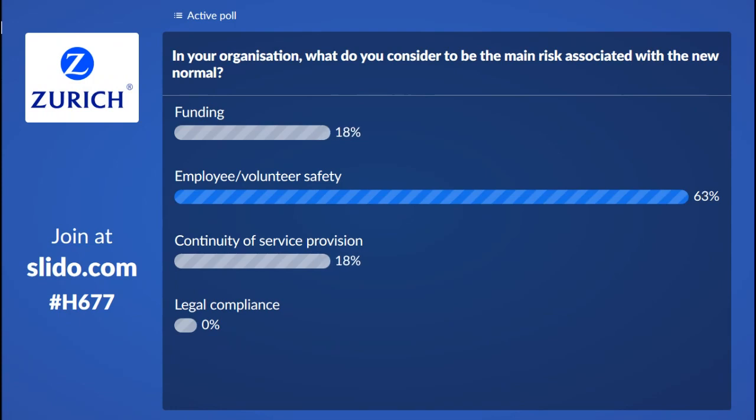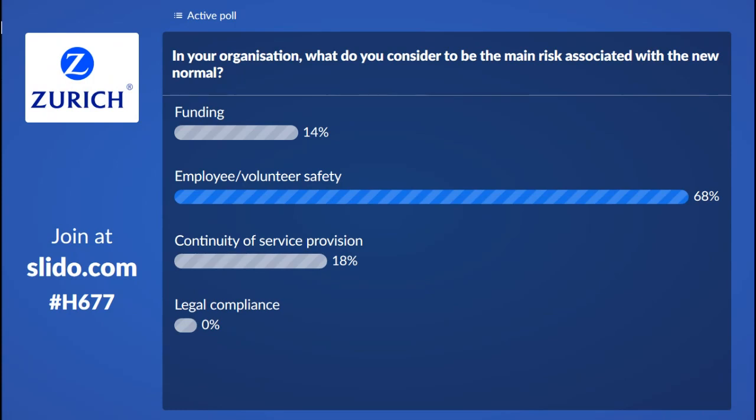I think the numbers are pretty much there. In terms of funding, it's fluctuating again. Legal compliance is a solid 0%.